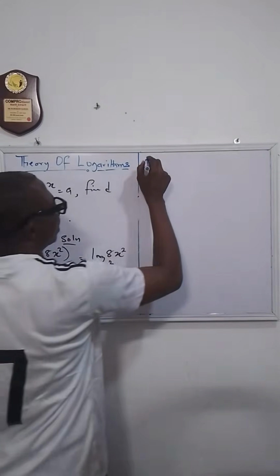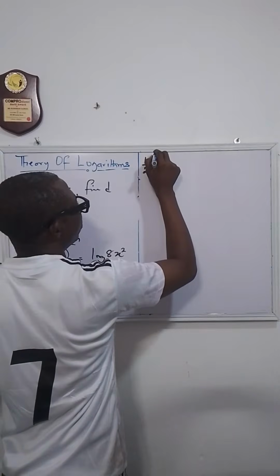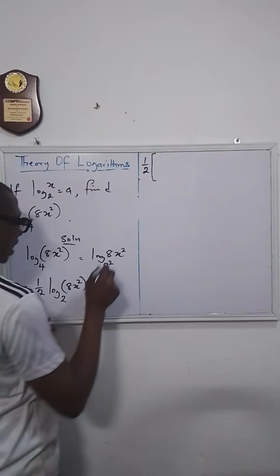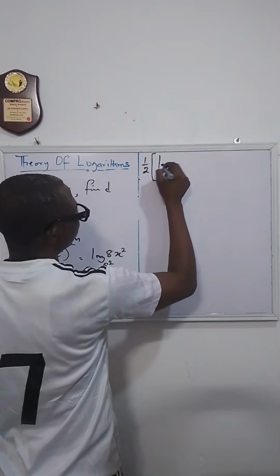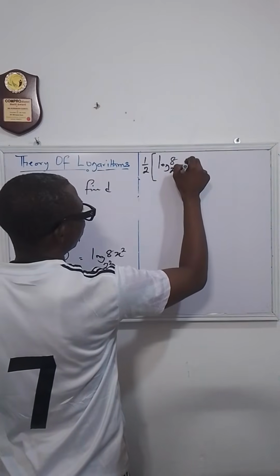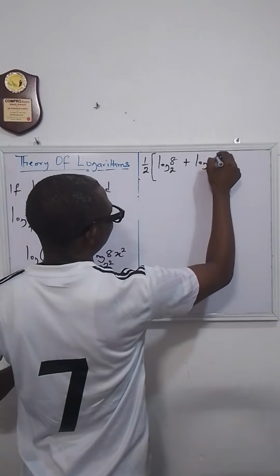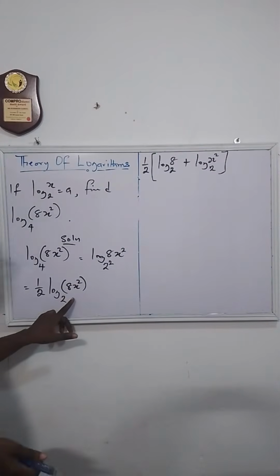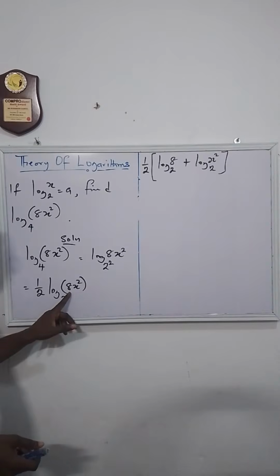So that means I have 1 over 2. So I open a bracket. Okay, so times logarithm of 8 base 2 plus logarithm of x squared base 2. I hope you know how I got this. So when multiplying, you add.